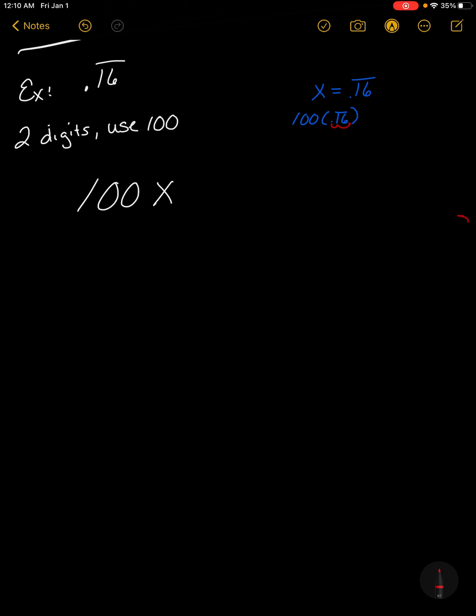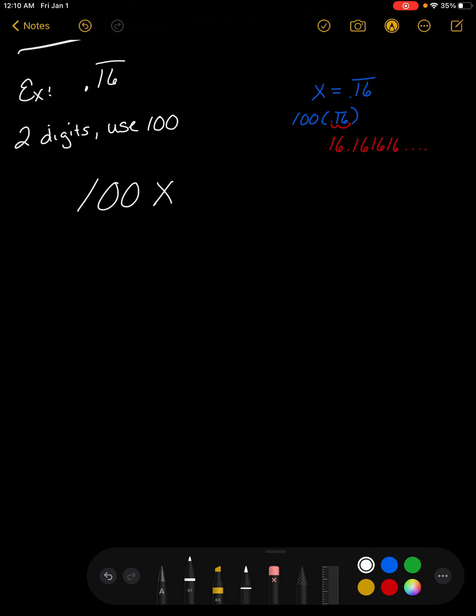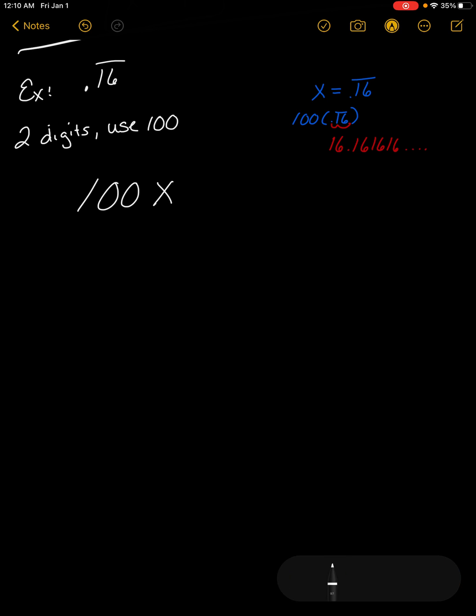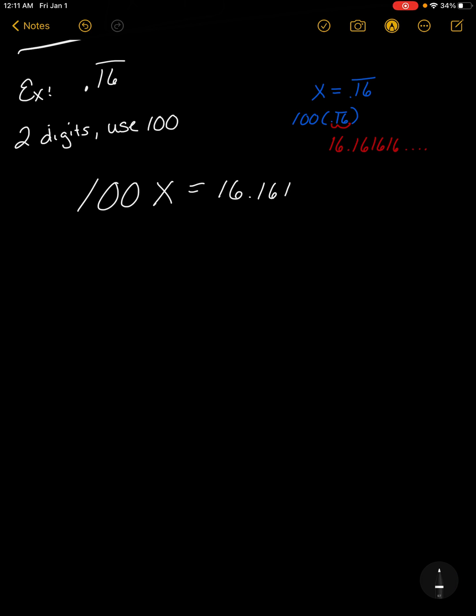So 100 times 0.1616 ends up being 16 point, and it's not like that 161616 ever ends. It just keeps going and going and going. But on the very first line, that's what you're going to put: 16.16. I don't like to use the bar in the equation. I like to write out a couple of 16s or a couple of repeating decimals. So that's what 100 times your number was. It just moves the decimal twice is all it did.